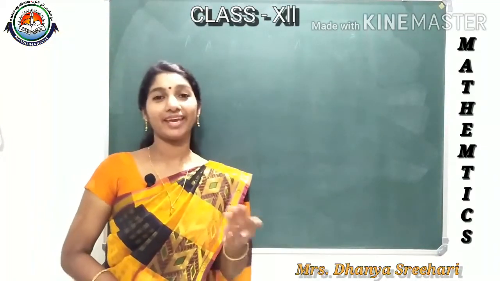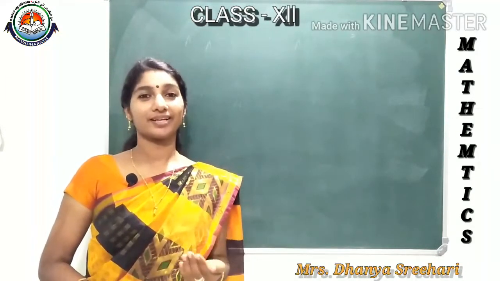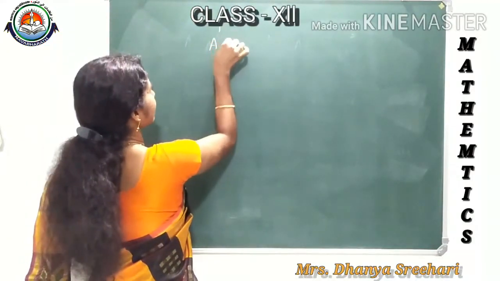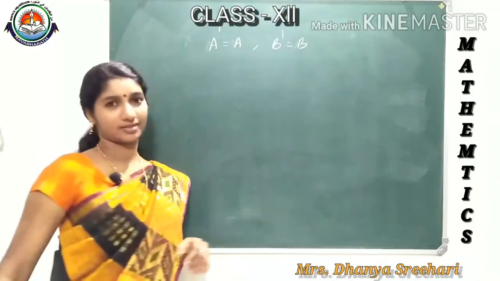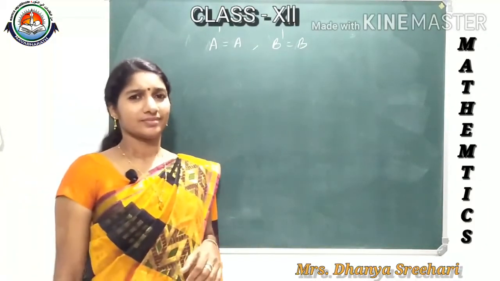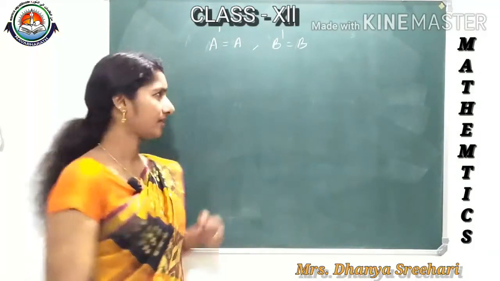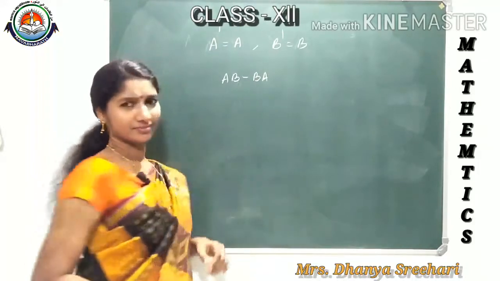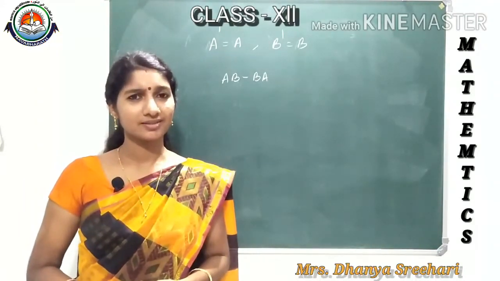Suppose A and B are two matrices and it is given they are symmetric matrices. A is symmetric and B is also symmetric. What about AB minus BA? We can calculate AB minus BA. Whether it is a symmetric or skew symmetric matrix?